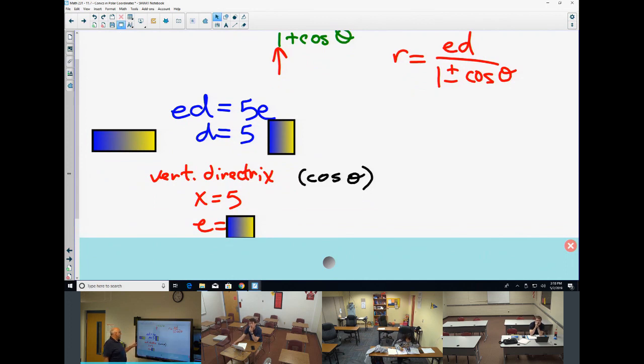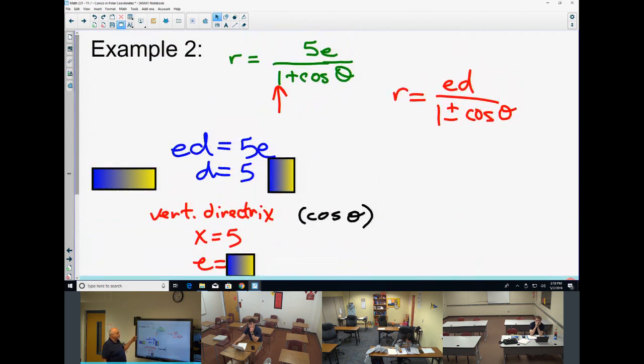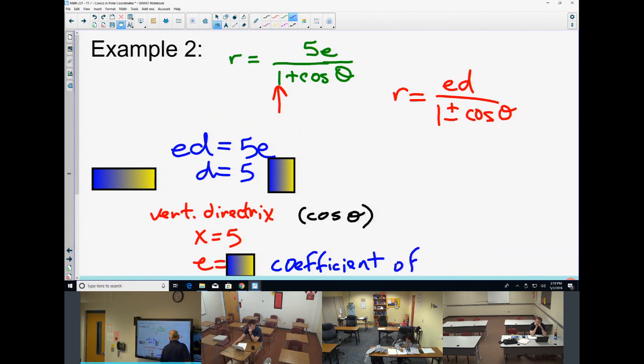Well, e is going to be, when we're in standard form, the coefficient of the trig function.